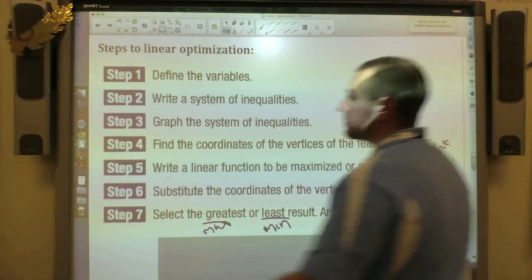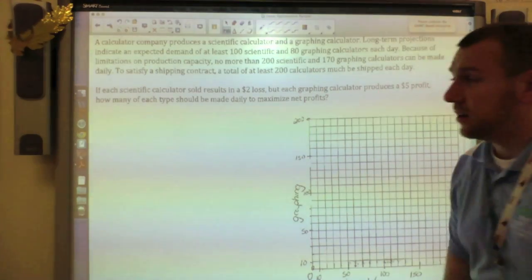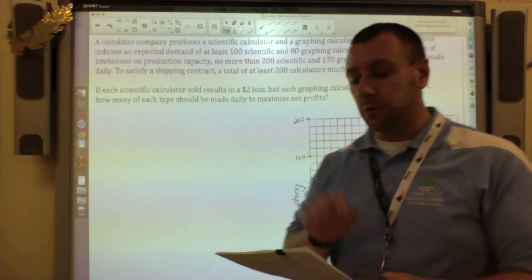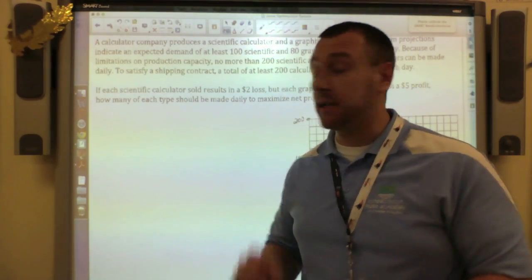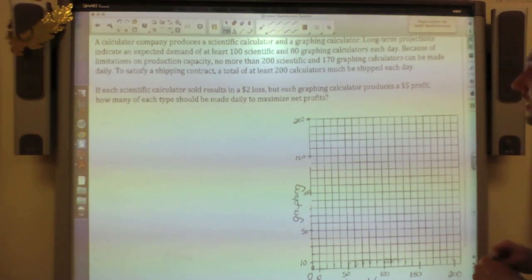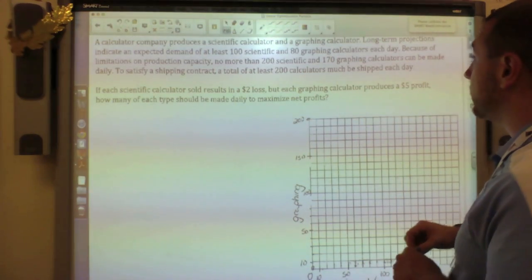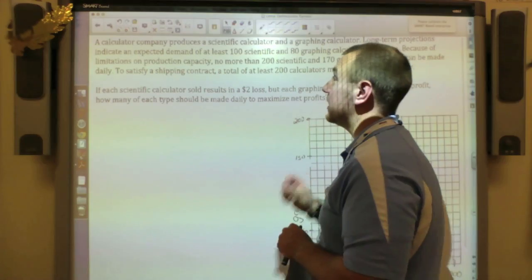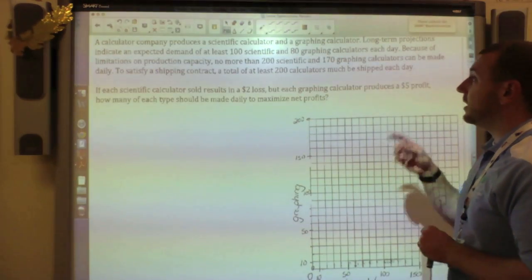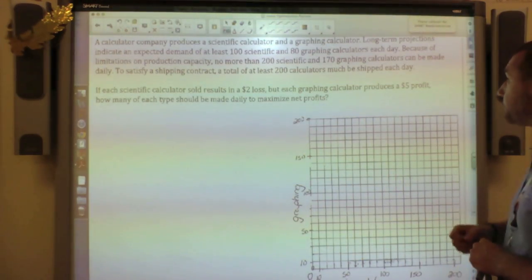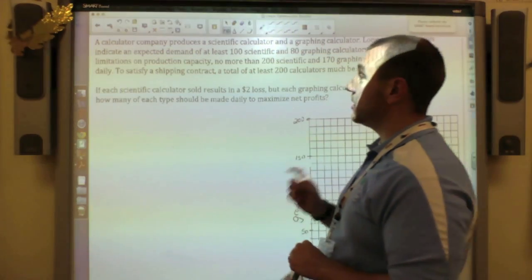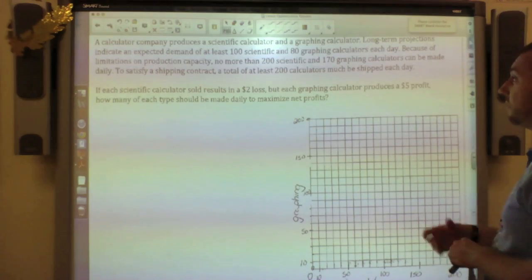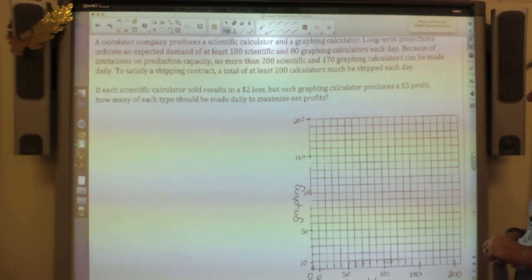All right, so let's go through this, and I'm going to follow this protocol. The protocol tells me I have to read the entire problem once. Easy enough. A calculator company produces a scientific calculator and a graphing calculator. The long-term projections indicate an expected demand of at least 100 scientific calculators and 80 graphing calculators each day. Because of limitations on production capacity, no more than 200 scientific and 170 graphing calculators can be made daily.